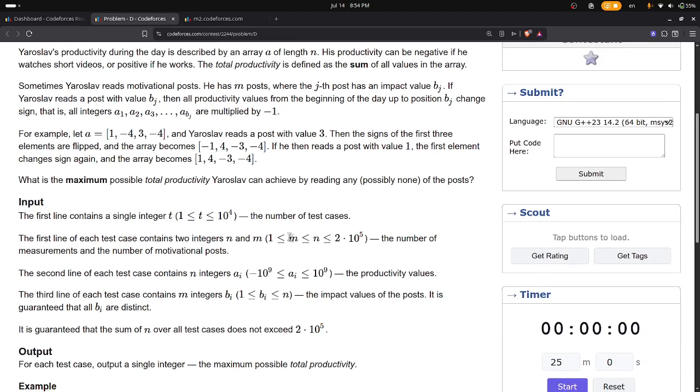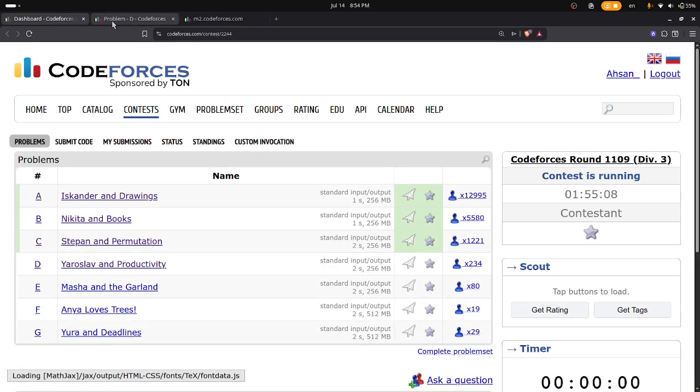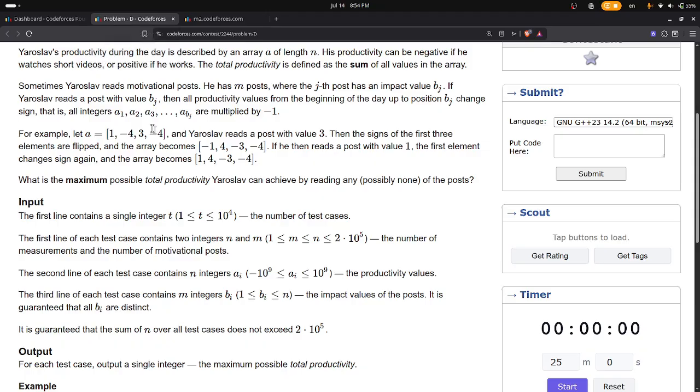Sometimes Yaroslav reads motivational posts. He has m posts where the jth post has an impact value bj.